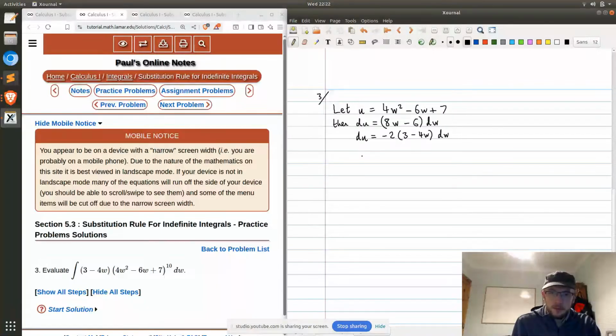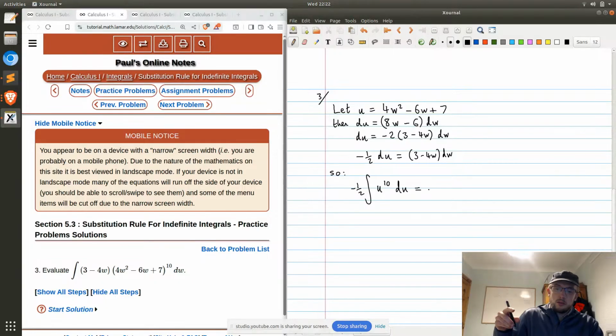That's true. W dw, just like that. So the original integral becomes negative a half u to the 10 du, plus 1 and divide by that.